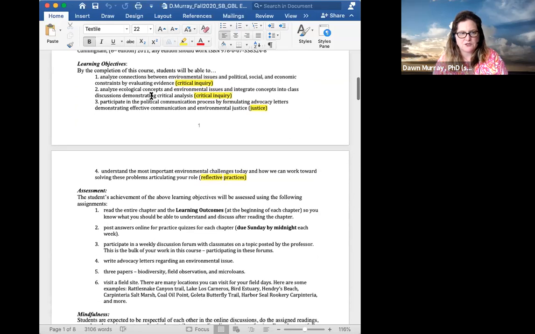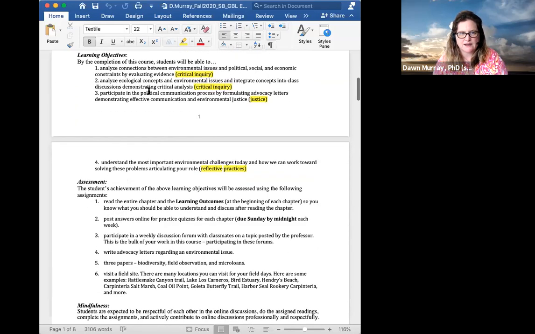For the learning objectives, you're going to analyze connections between environmental issues and political, social, and economic constraints by evaluating evidence. The second learning objective for the course is to analyze ecological concepts and environmental issues and integrate those concepts into class discussions, demonstrating critical analysis.